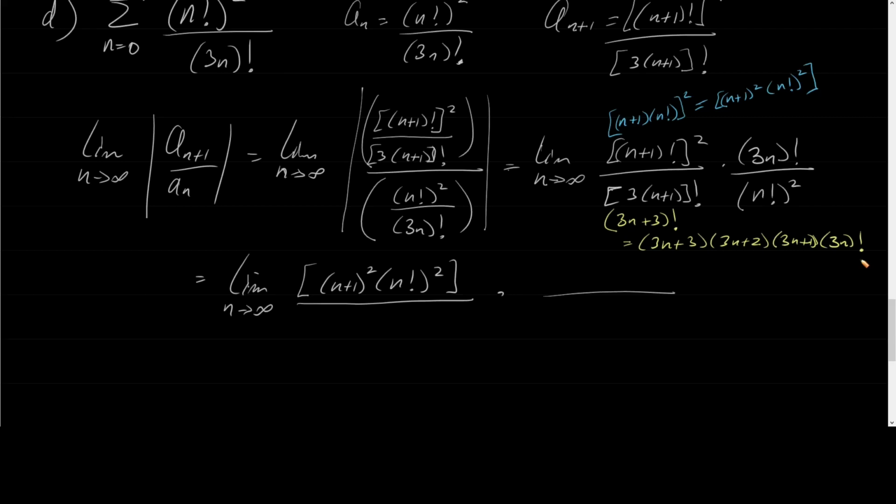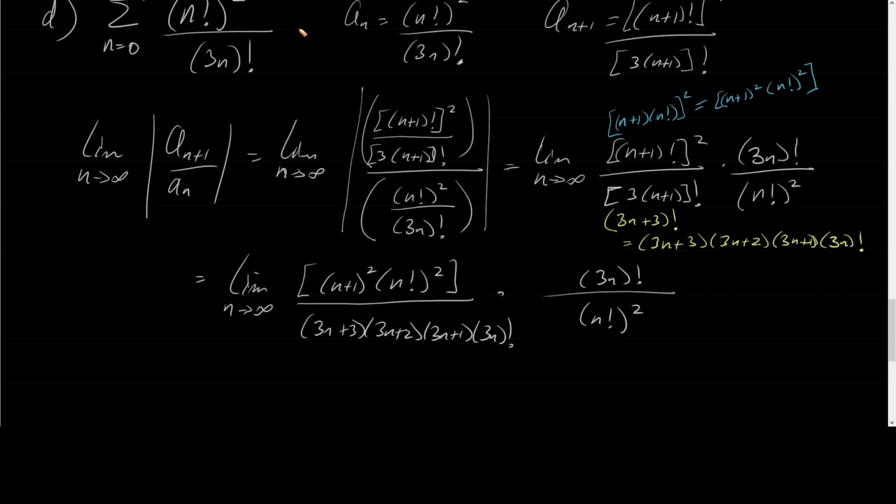We're going to keep that in mind when we rewrite it over here. So that's the piece I want to rewrite. So I'm going to have now (3n plus 3) times (3n plus 2) times (3n plus 1) times (3n) factorial. And on the other one, I'm going to leave those as they were, (3n) factorial and (n factorial) squared.